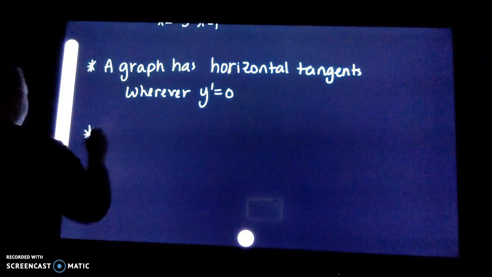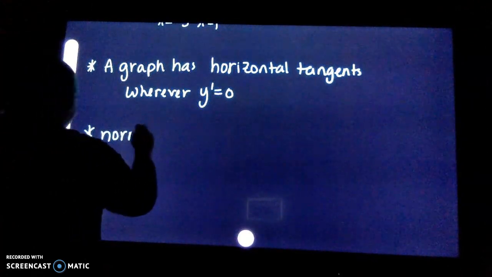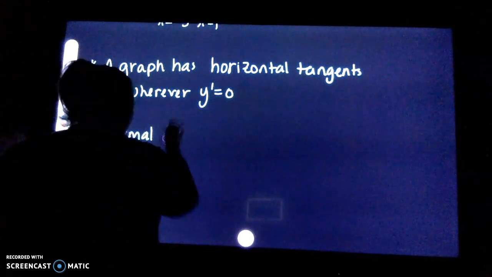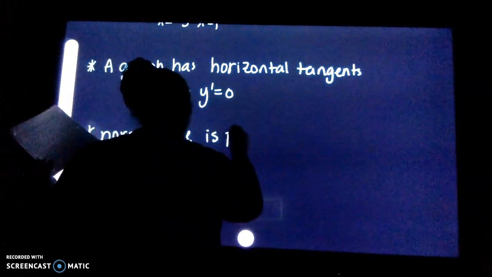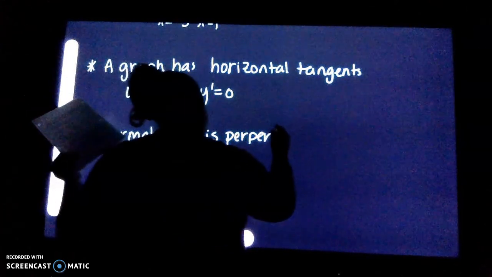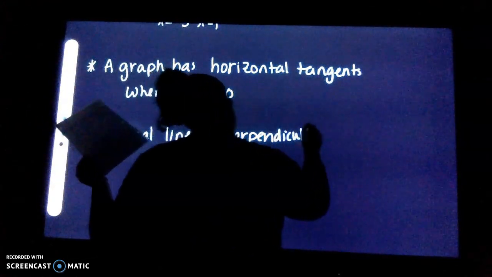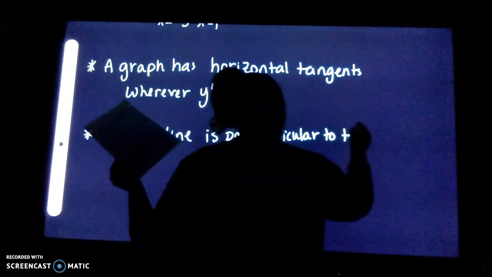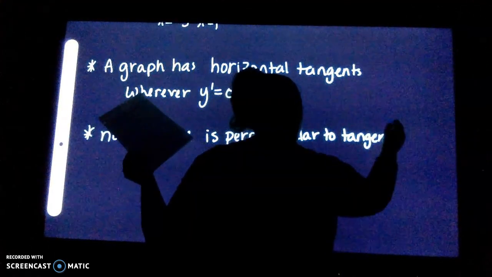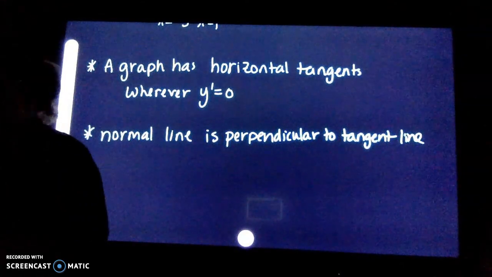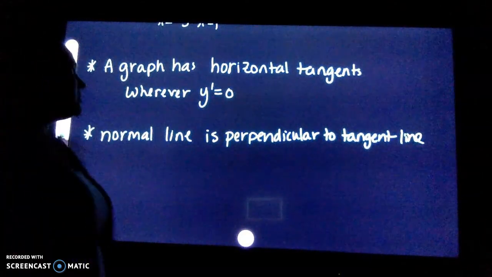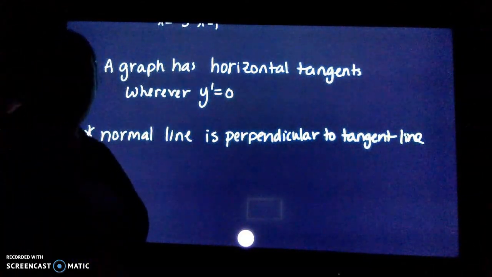And also, as a nice little reminder, the normal line is perpendicular to our tangent line. So that means the slope of my normal line is a negative reciprocal to the slope of the tangent line. Any questions, please let me know.